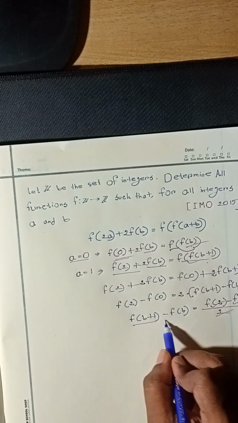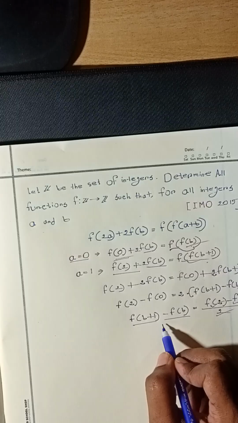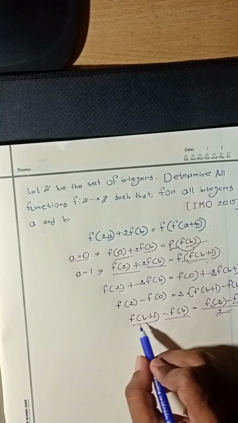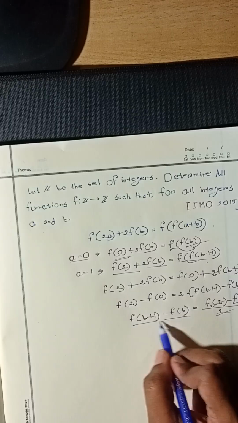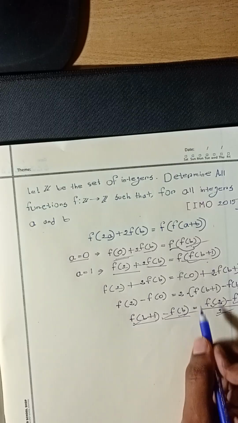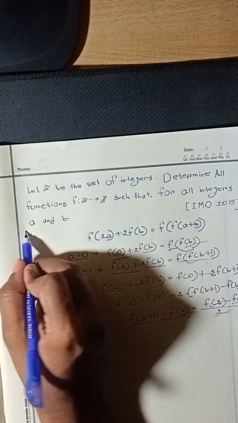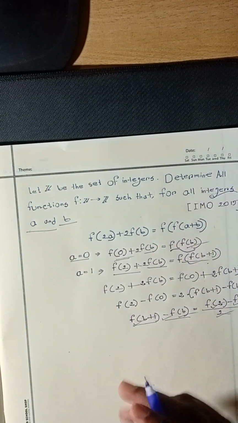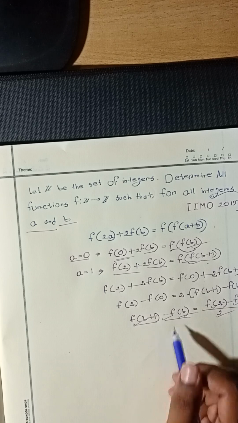So we can obviously say that the left hand side would also be a constant, and on the left hand side we see the difference of two consecutive terms, as a and b are integers. So b and b + 1 are two consecutive terms and they are used in a function.